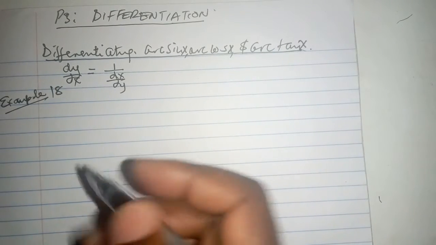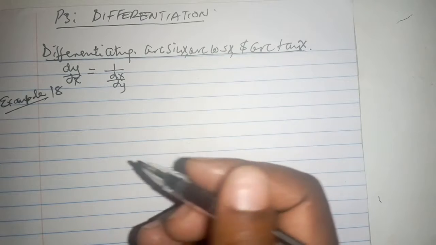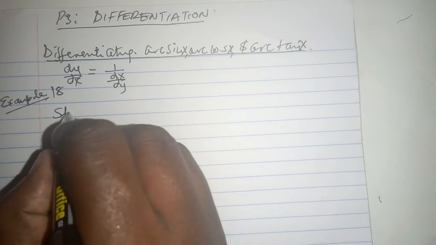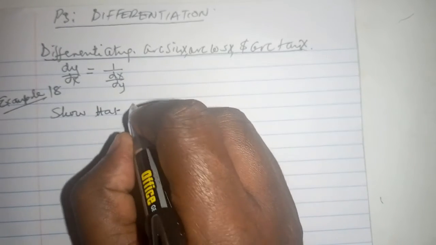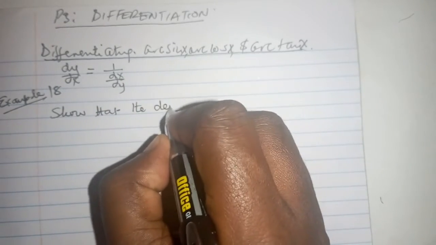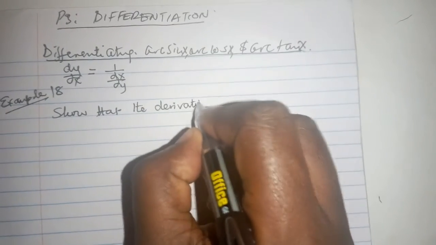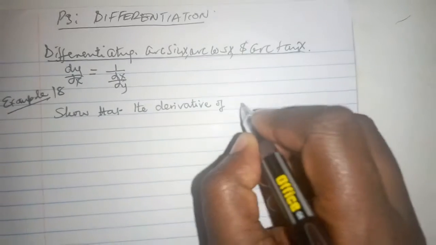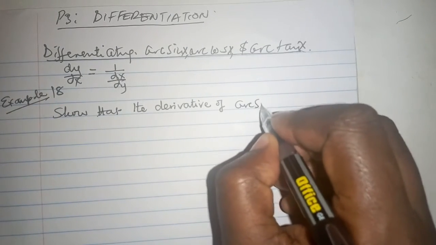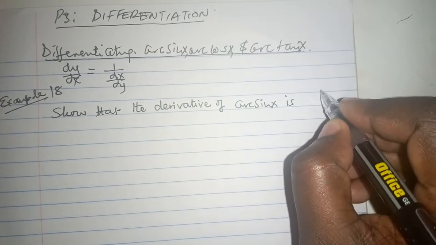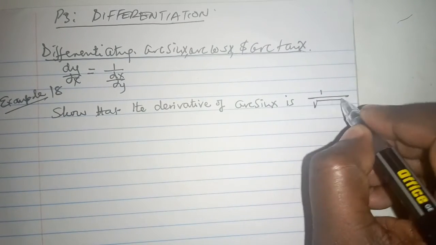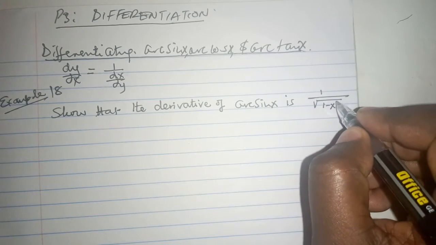But what are we being told in example 18? We are told to show that the derivative of arcsin x is 1 over the root of 1 minus x squared.